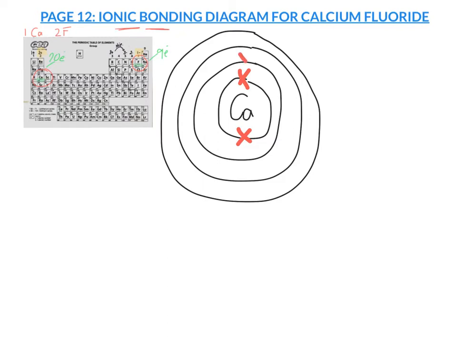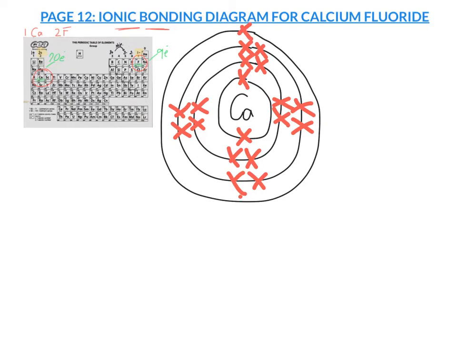So we've got 1, 2, 3, 4, 5, 6, 7, 8, 9, 10, 11, 12, 13, 14, 15, 16, 17, 18, 19, and 20.